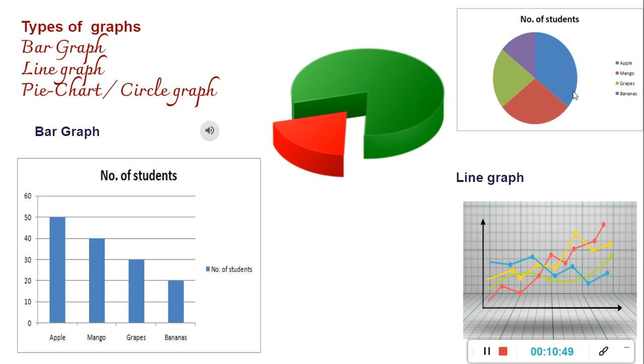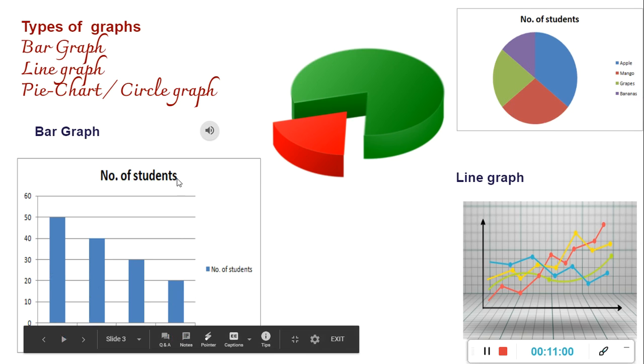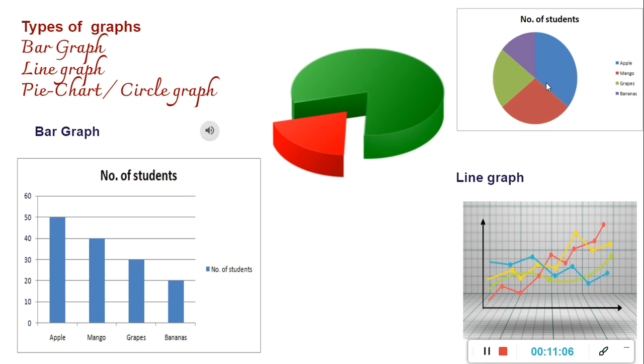Look at this pie chart: green, violet, red, and blue. Four different colors in the pie chart. Here you can see, isn't it? They represent four different objects. For example, in a bar graph you have different bars. Each of these bars represents each set of data. Here also, each part of the pie chart represents each section of data.